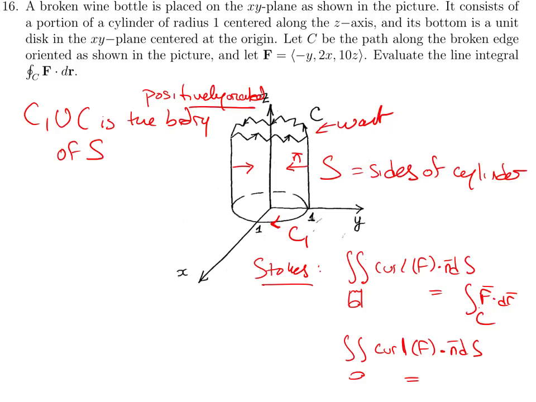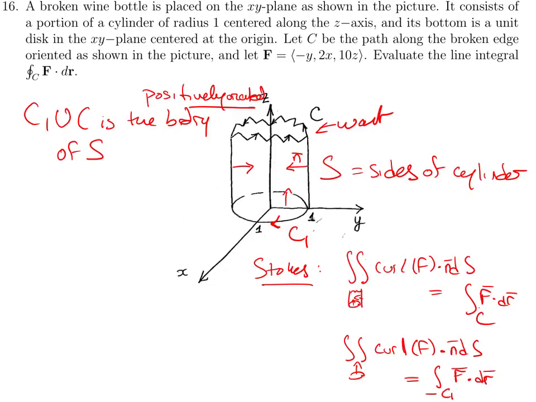well, let's just orient this one going up as well. Okay, so this is equal to the work integral around C1, actually minus C1, because C1 is going the opposite direction.